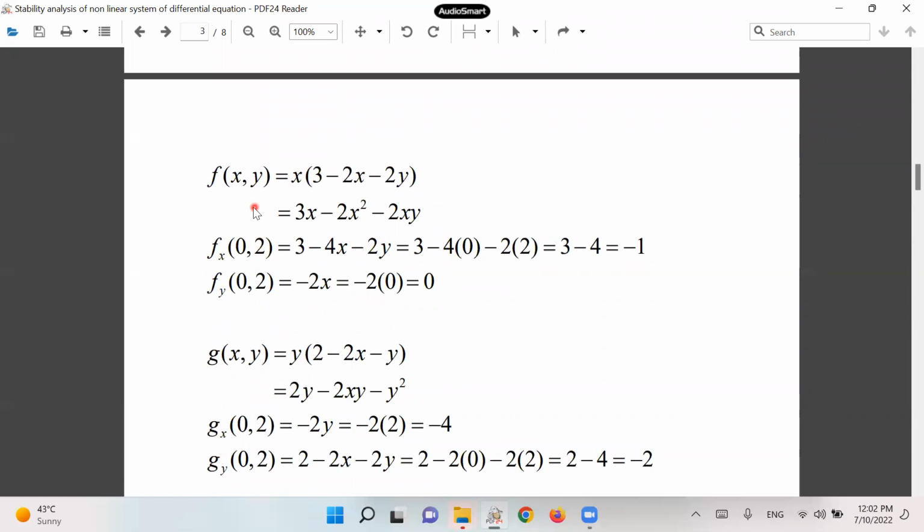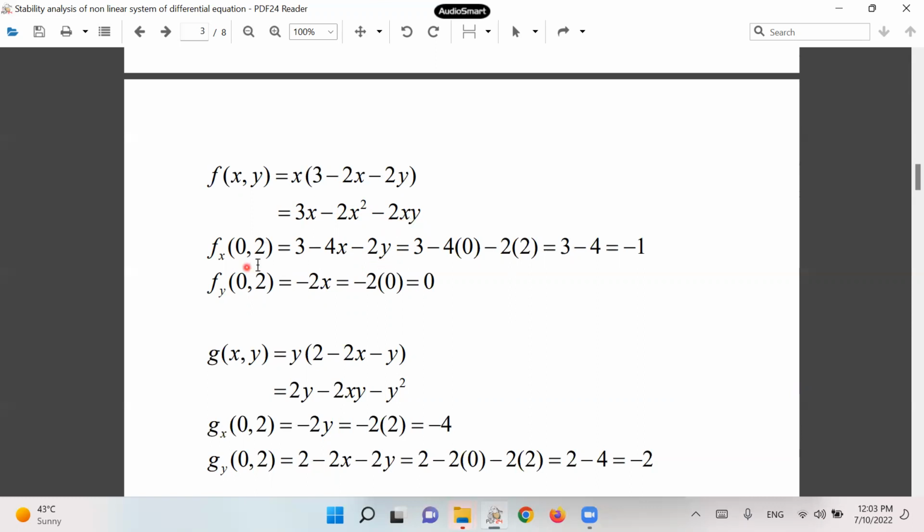So the first function of x, y is given in the question, and now we are going to take its partial derivative with respect to x. The first term will be 3, and for 2x square, taking the derivative with respect to x, the 2 comes down, so it becomes 4x, and here y is constant, so the derivative with respect to x becomes minus 2y.